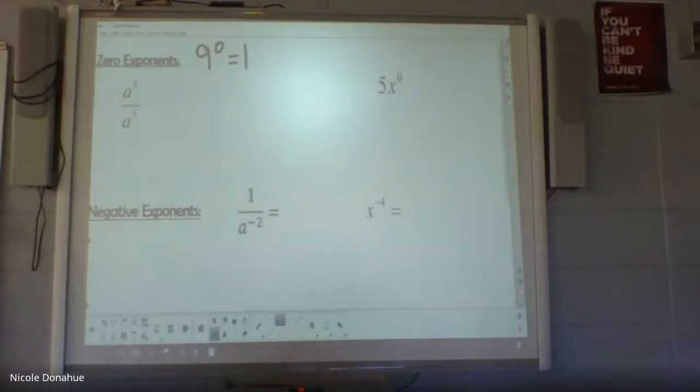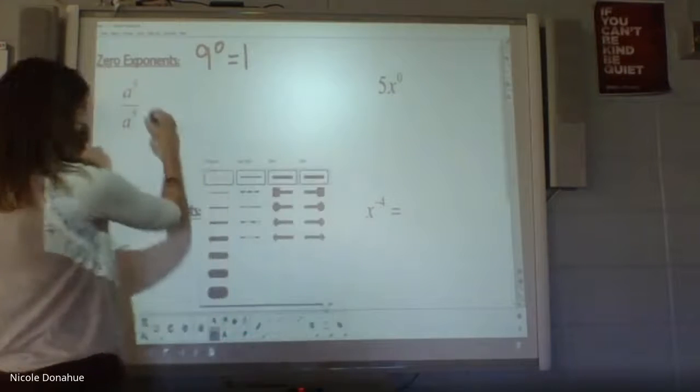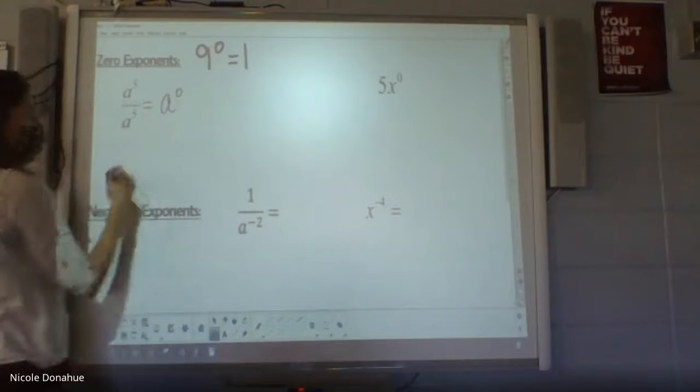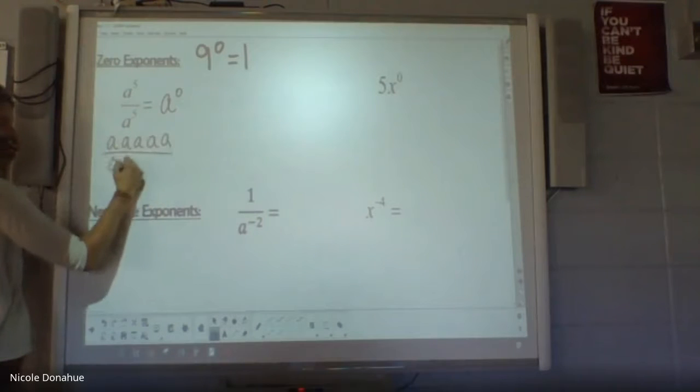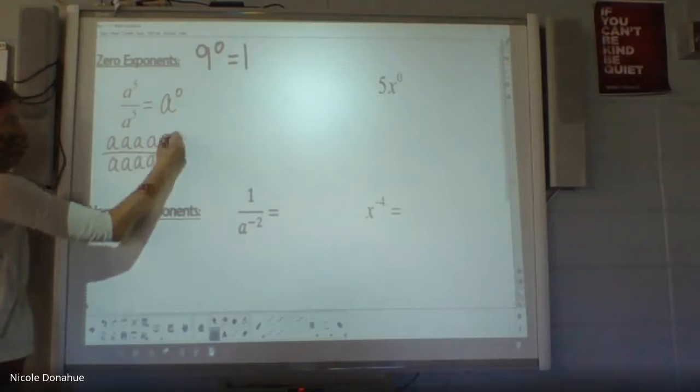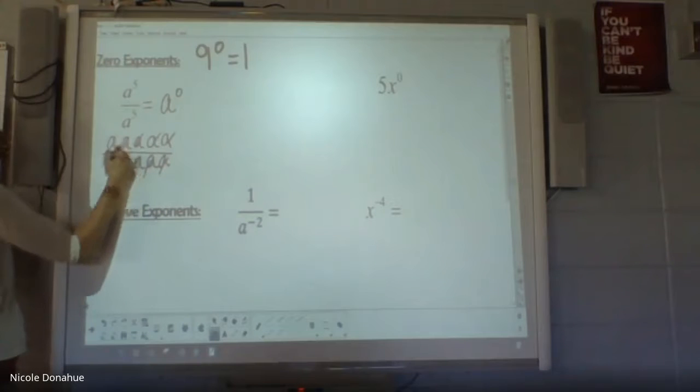It's always going to equal 1. The reason for that goes back to division with exponent rules. So a to the 5th over a to the 5th, what is that really going to be? It's just going to equal 1. And the reason for that is because 5 minus 5 is what? 0. So this is really like a to the 0 power. And if you think about it this way, I have 5 a's on top, 5 a's on the bottom. They're all going to cancel.